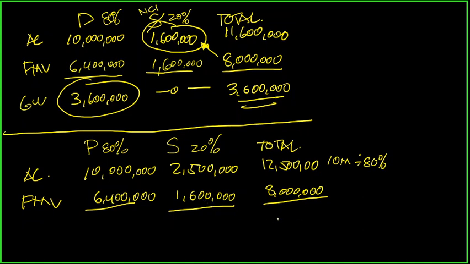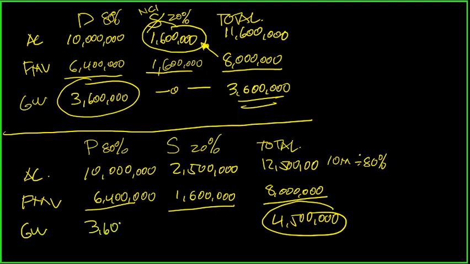So this one is 4.5. That will be your goodwill. Your goodwill for the parent should still be the same, 3.6. And for the NCI, 1.5 minus 1.6, that will be 900. That's the share of the NCI in the total goodwill of 4.5.